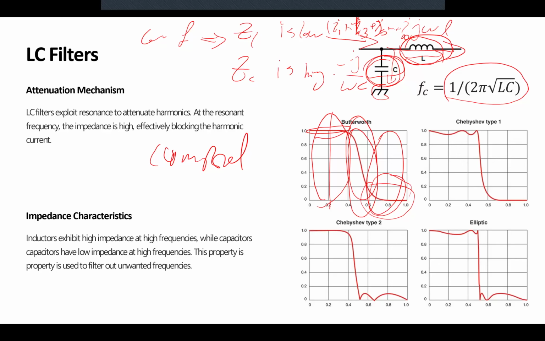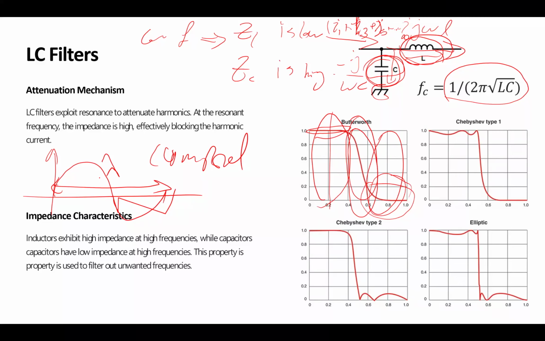The lumped model works when you are working in an area of frequency where the wavelength of your signal, which is 1 over f, is not much lower than your actual physical dimension.